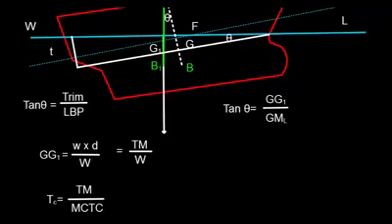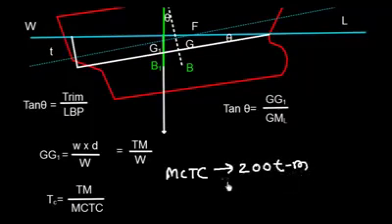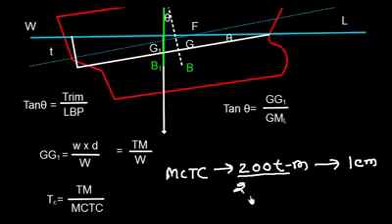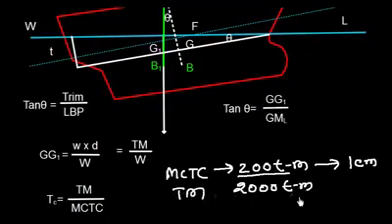Also, we have a very interesting relationship between Tm and MCTC. Well, the trim cost is the trimming moment divided by the moment to change the trim by 1 centimeter. Say for example, if MCTC is 200 ton meter, that means this is the moment required to change the trim by 1 centimeter. So if I have 2000 ton meter trimming moment, how much trim change will I have?